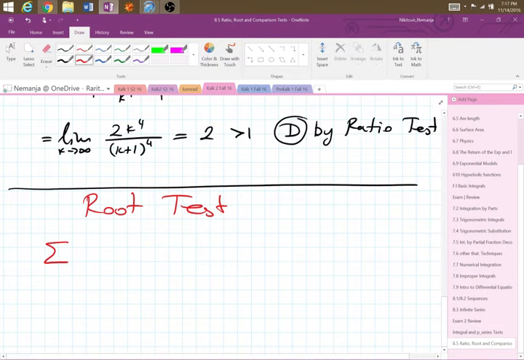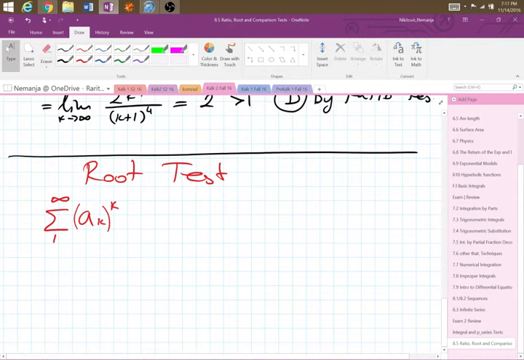So your sum that could start at any value should look like this. The entire sequence should be raised to the k. And how does the test look? You take the limit as k goes to infinity of the kth root of a_k to the k.